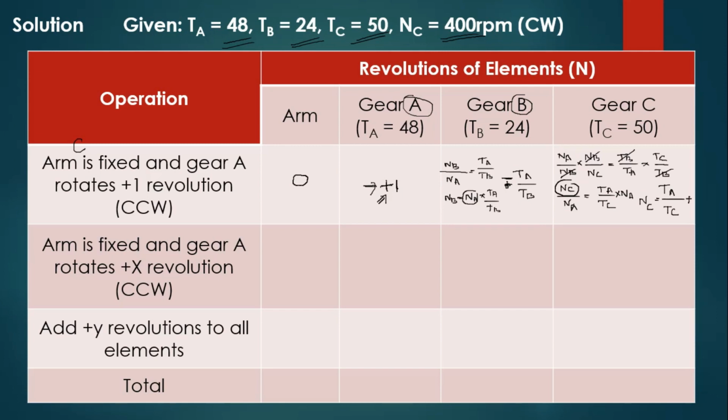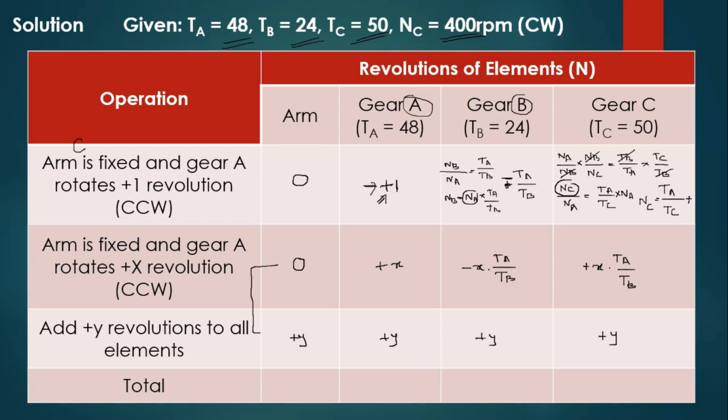Now the arm is fixed and gear A rotates plus x revolutions, so here 0 because the arm is fixed, so instead of plus 1, plus x, and here minus x into TA by TB. This is the equation for speed of gear B, and here plus x into TA by TC. Now add y revolutions in order to form the equation: plus y for the arm, plus y for gear A, and add this and this.